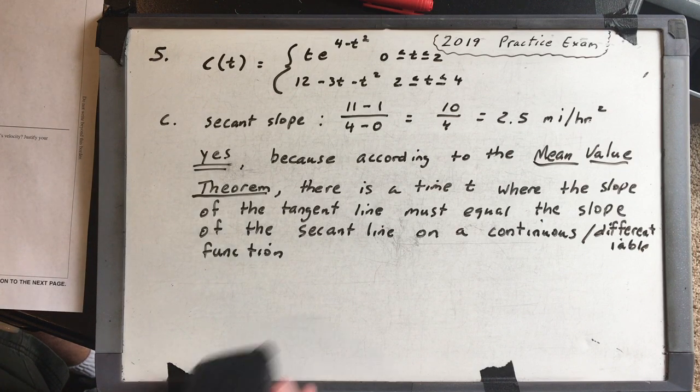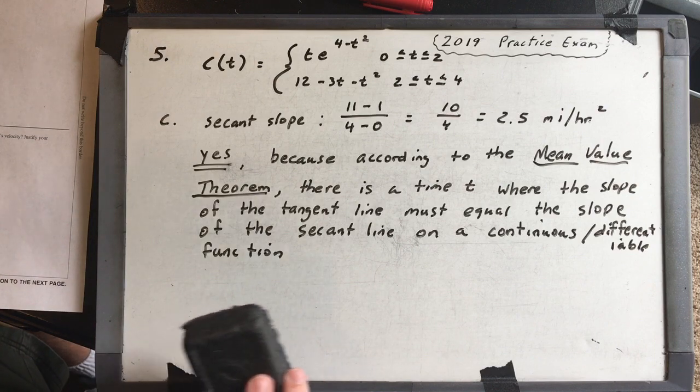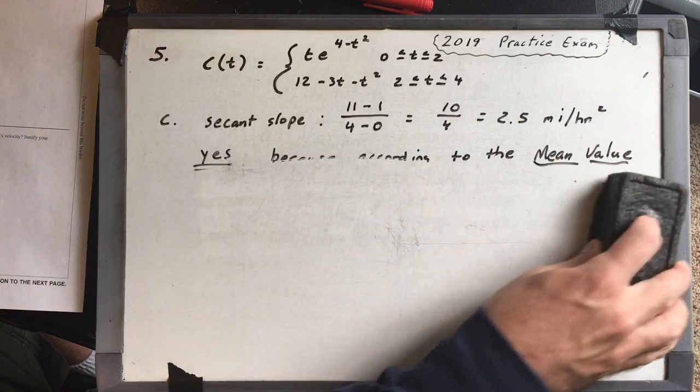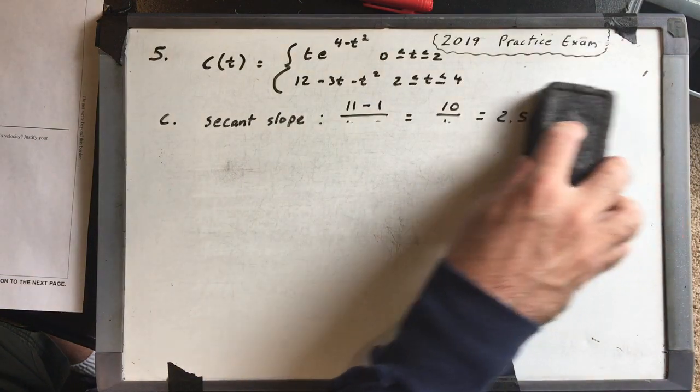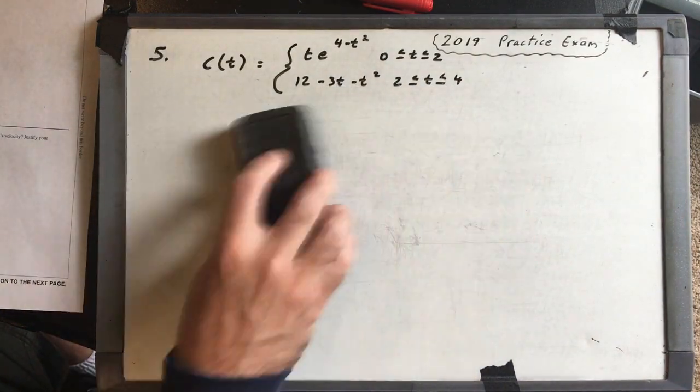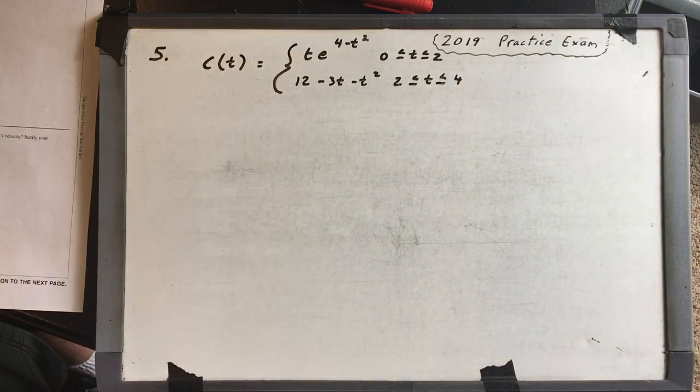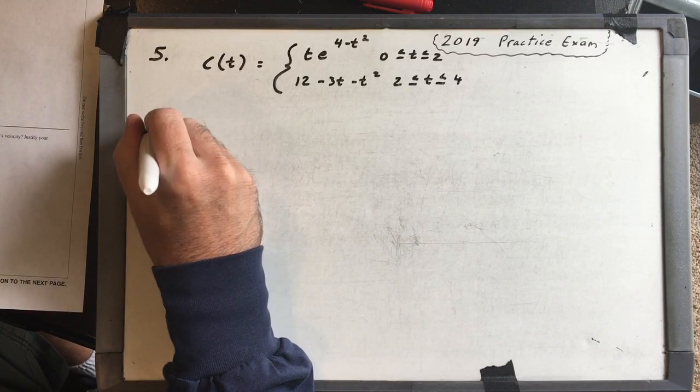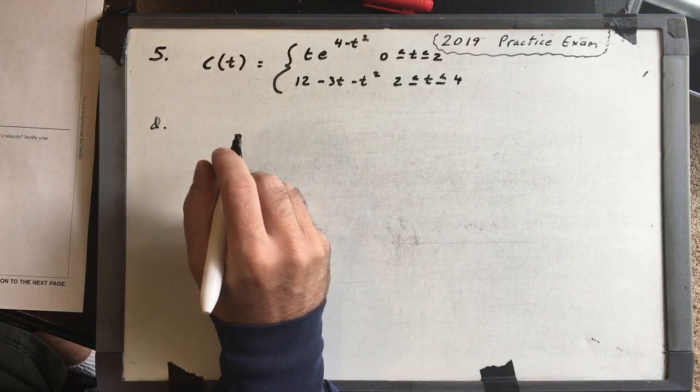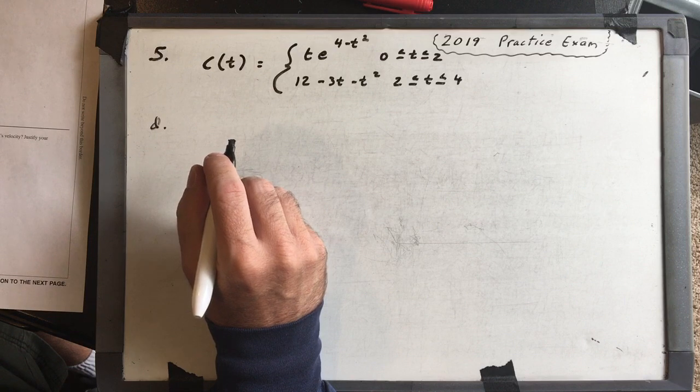Okay, part D. I probably have room to fit it down here, but I'm going to go ahead and erase this, so pause the video if you need to. Part D says, is there a time t between 0 and 2 at which Brandon's velocity is equal to Chloe's velocity?